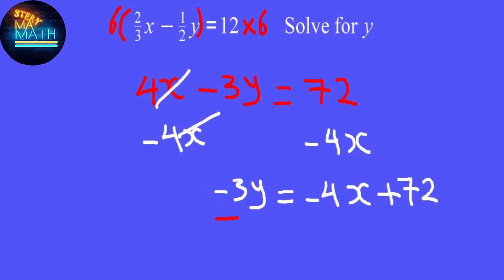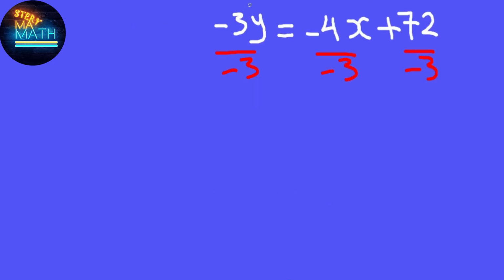So here divide by negative 3, and here divided by negative 3, and also 72 divided by negative 3. Negative 3 and negative 3 will go away. So y is equal to, negative and negative will be positive, 4 over 3x.